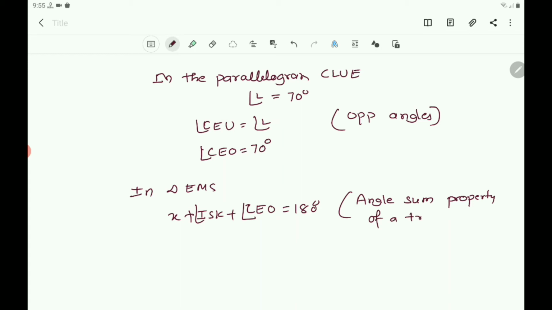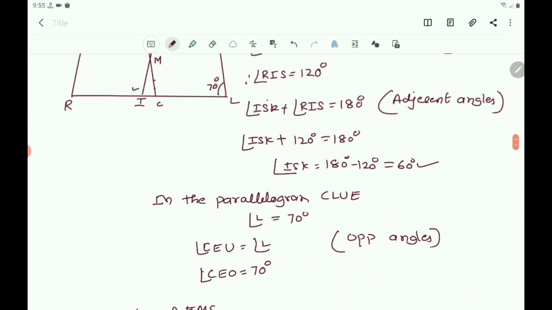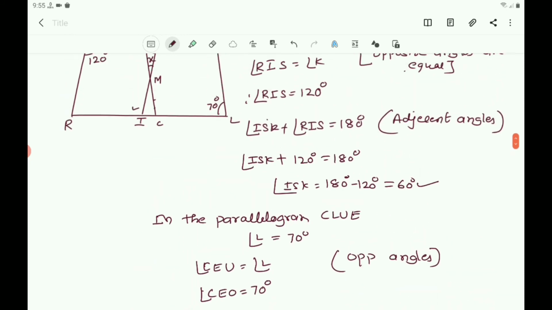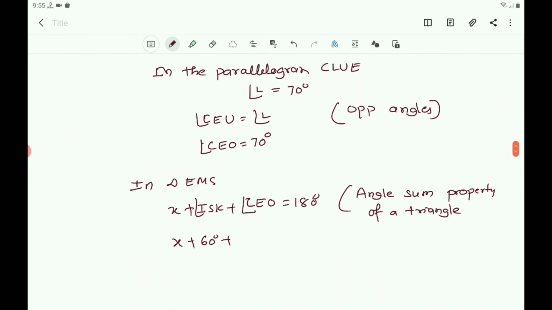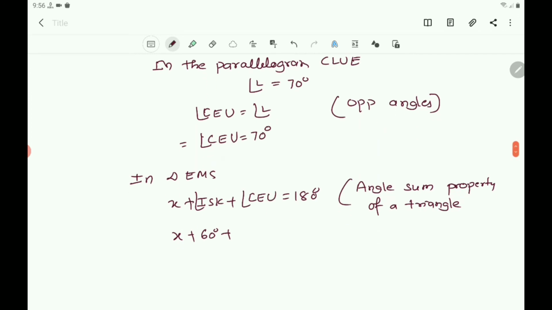So you got x plus ISK, which is 60 degree, and angle MES is the same as angle CEU, that is the angle at 70 degree, that is equal to 180 degree.